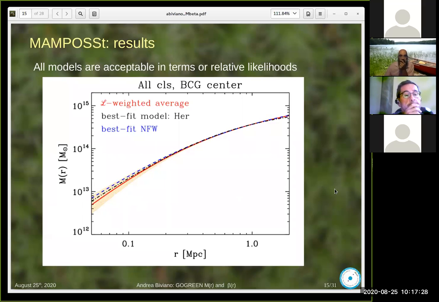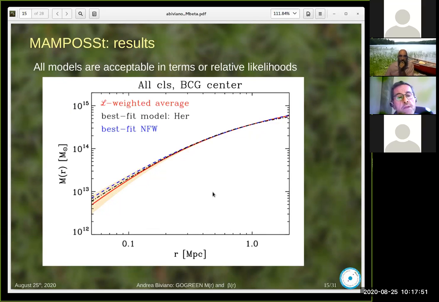Okay, so now once you have all these mass profile models, you can also compute the likelihood-weighted average concentration that you get from running MAMPOSSt with all these models. Some models will have higher likelihood, like Hernquist. Some will have a lower one.